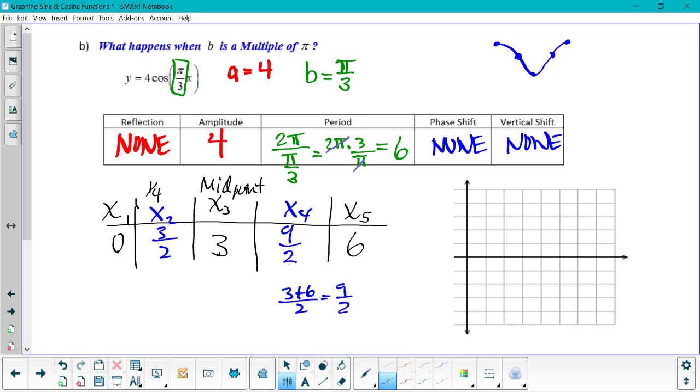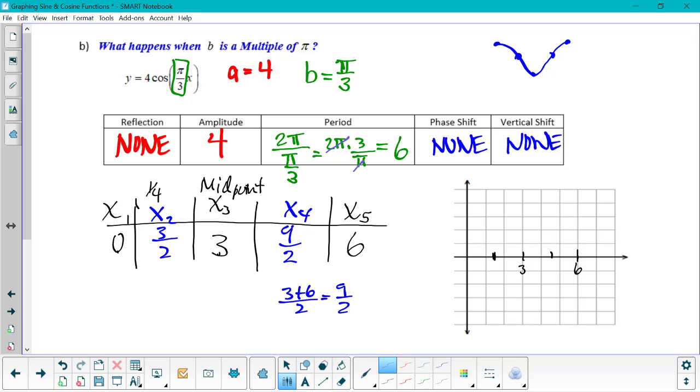So that's what I'm going to label my axis. So if my period is 6, then I'm just going to make each square be 6. All right, so here's 6. Halfway would be 3. Now, because I'm doing halves, I'm going to have to divide in half here. If you were able to make each one of those 2 squares, then you wouldn't have to do halves.